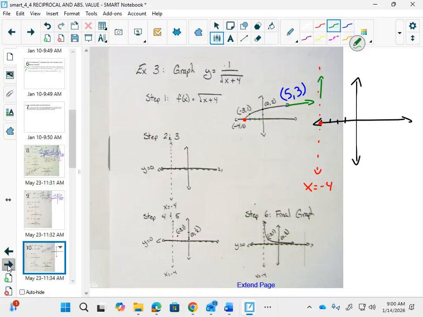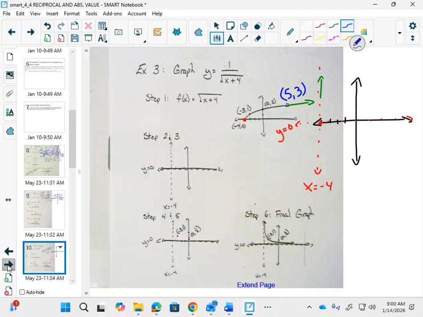Does it keep getting bigger? Would you say the range of a square root graph is 0 to infinity? Or would you say the range goes from 0 to, and it stops? There's a certain number it does not get higher to. Does it go to infinity? Yes. It keeps getting bigger and bigger. This is enough to tell us there is going to be a horizontal asymptote at y equals 0.